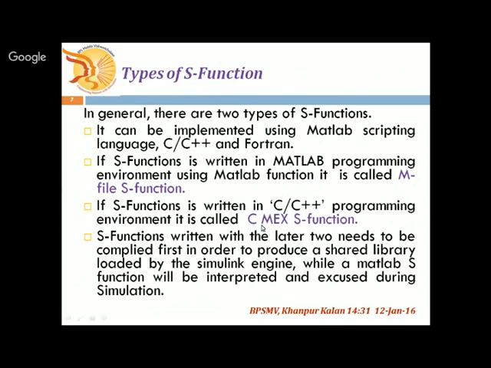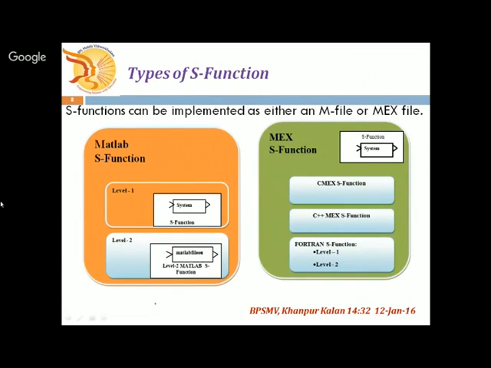The latter needs to be compiled first. If you write an S function with C or C++, you have to compile it first in order to produce a shared library loaded by the Simulink engine, while a Matlab S function will be interpreted and executed during simulation. This is to understand the types of level 1 and level 2.